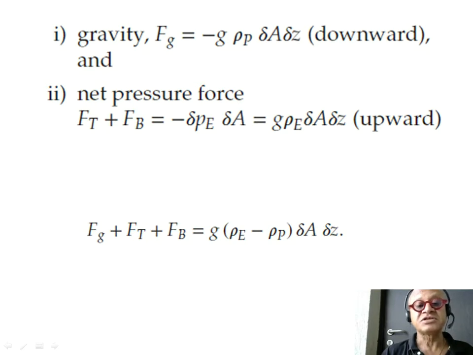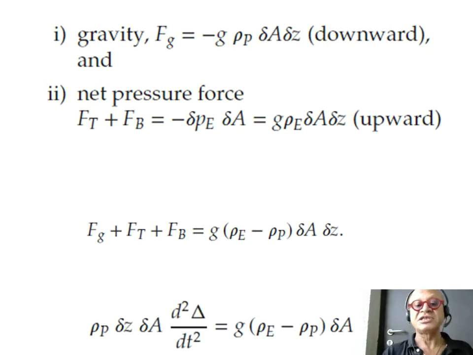Fg plus Ft plus Fb equals g times rho e minus rho p times delta A times delta Z. Okay, so there is the environment that's in equilibrium, let's say, and you have moved a parcel into it, and the parcel is coming from a different pressure and temperature. Even if you moved it adiabatically, you have changed the temperature, right, because of compressibility effects, and you're going to change the density because of that.